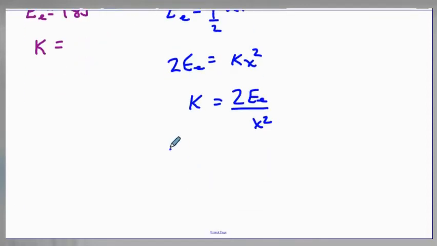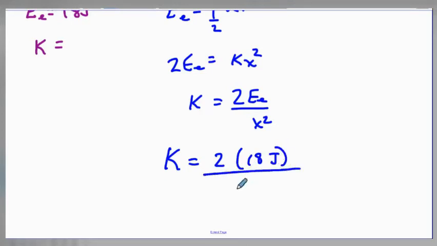Okay, so in this example, k equals 2 times 18 joules divided by 0.048 meters squared. Oh, we're going to get a big answer.